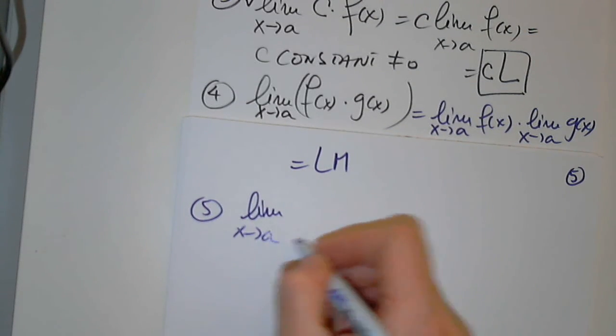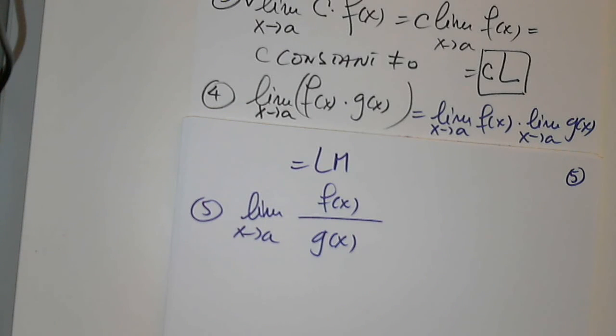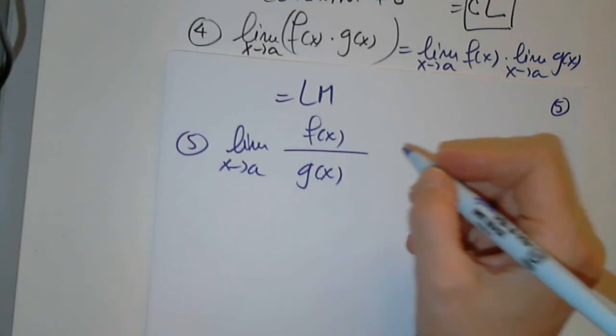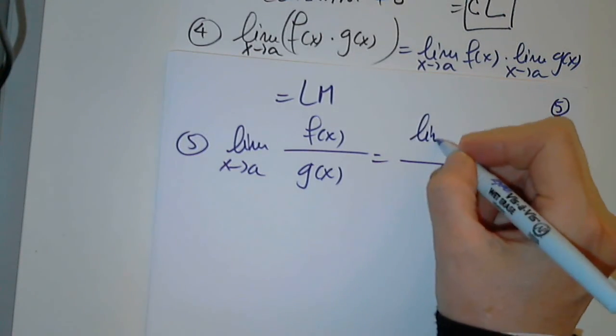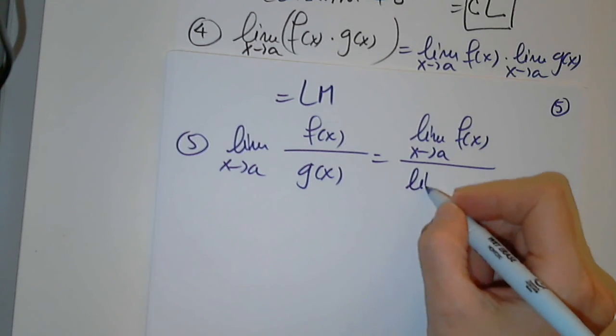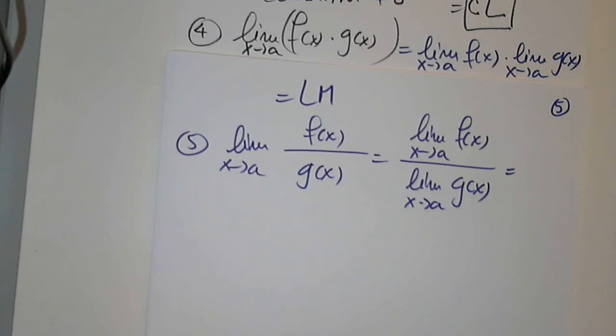So let's say x approaches a of f of x divided by g of x. Common sense, what do you think this will equal to? Yes. So the limit of f of x as x approaches a over the limit of g of x as x approaches a.